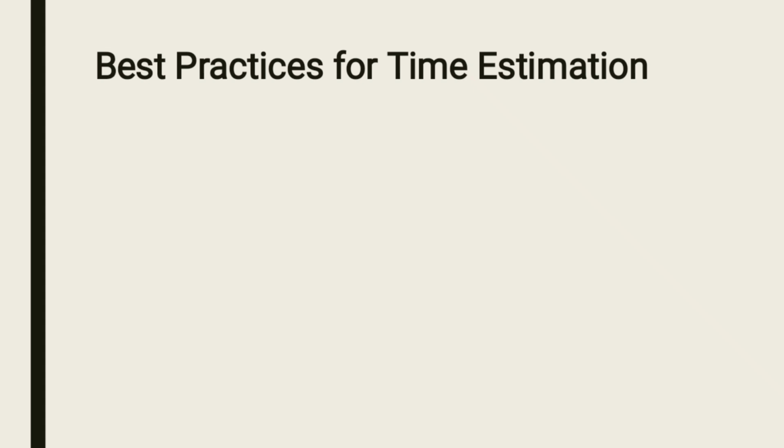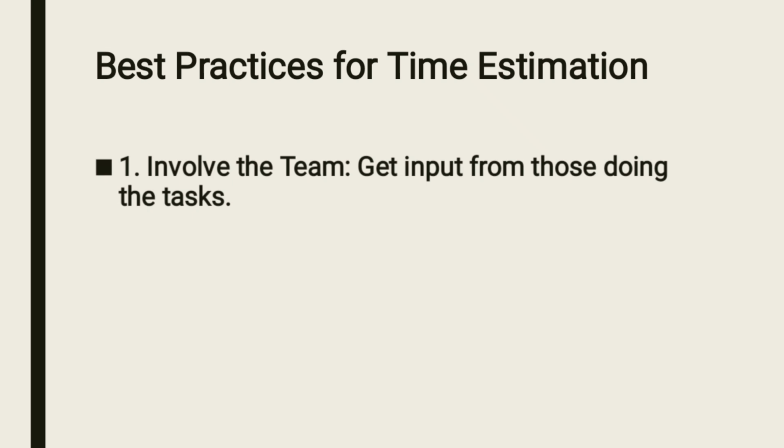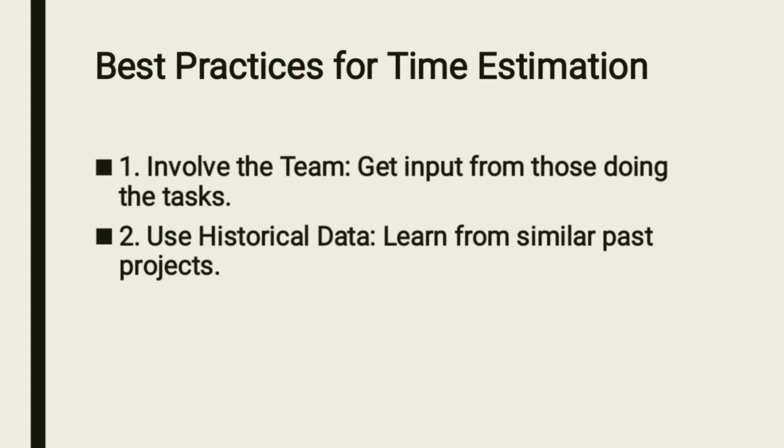Let's talk about best practices for time estimation. Number 1, involve the team. Everybody who is involved in the project, make sure that you get inputs from them. Number 2, use historical data. You can use the history of projects which happened in the past.